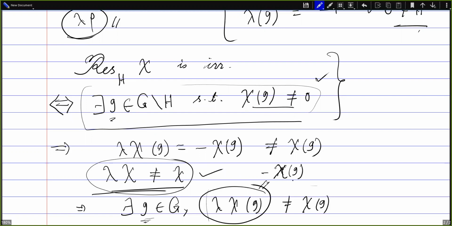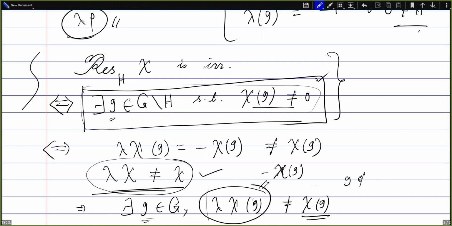So from this assumption we get a small g outside H, and for that g this is non-zero. So this is precisely what we have here.